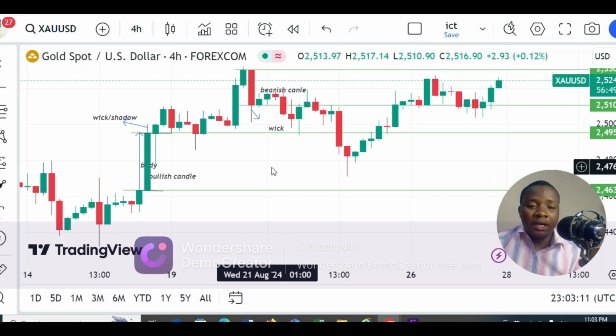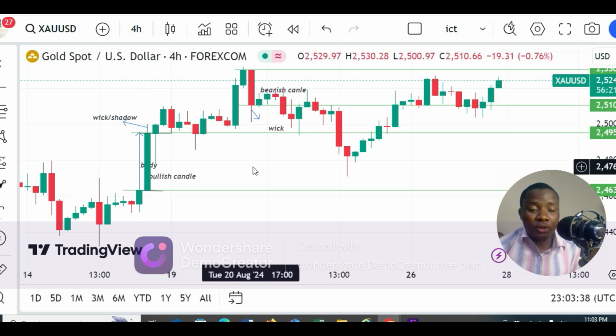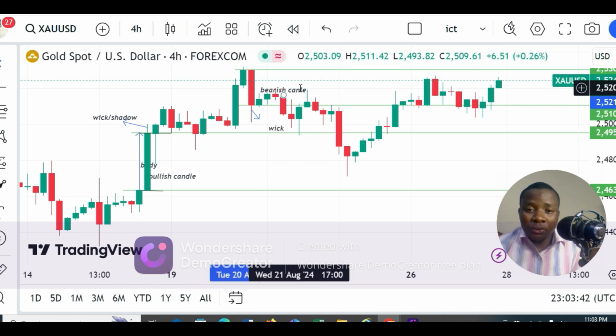You can use any color, as long as you know that a bullish candle is formed when the price closes higher than the opening point, and a bearish candlestick is formed when the price closes lower than the opening point. That is the key thing you need to understand when determining the type of candlestick that has been formed. So we have now identified a bullish candlestick and a bearish candlestick.